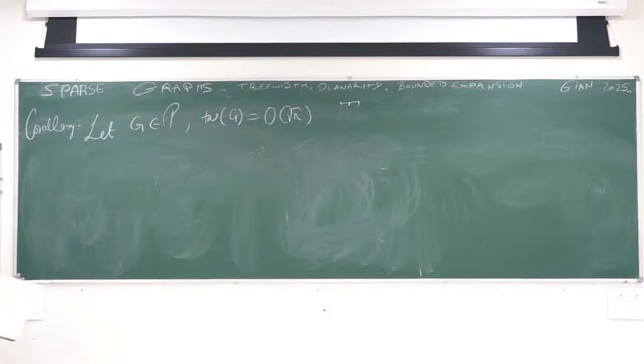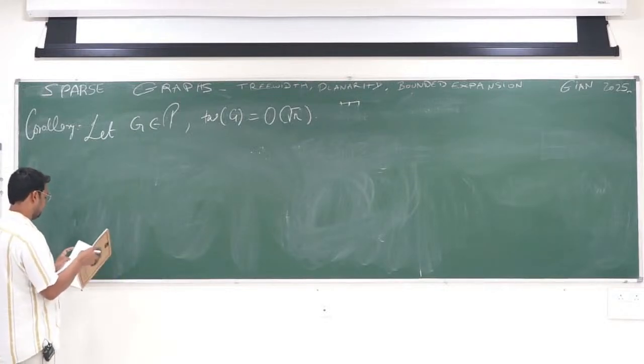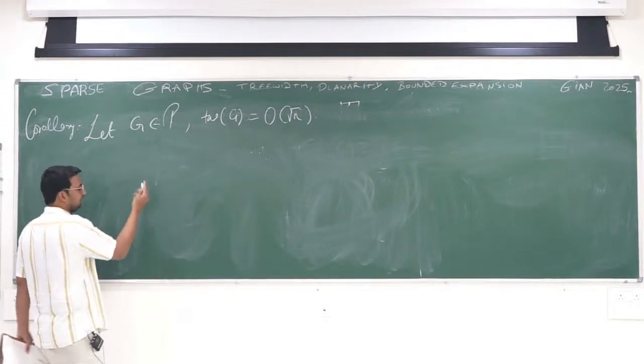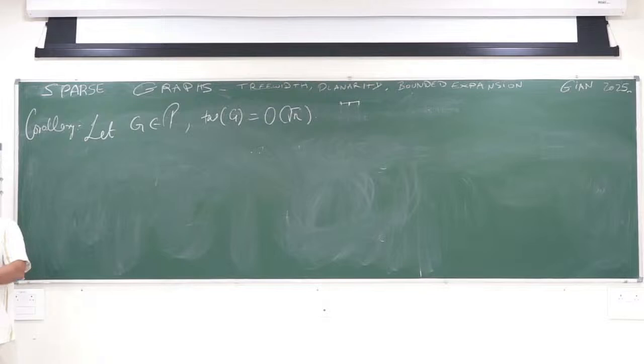So, for example, if you have a planar graph, a minor of a graph cannot have more vertices than its actual graph.